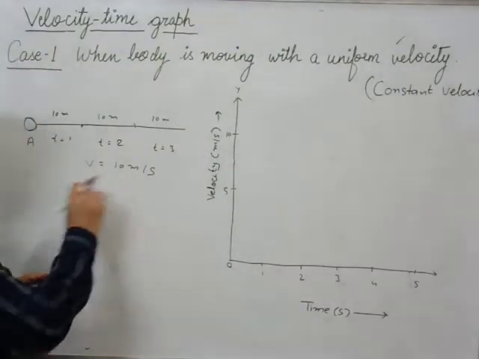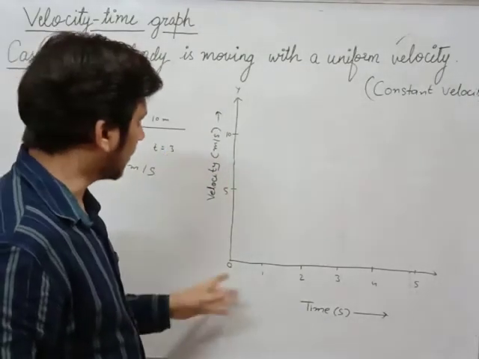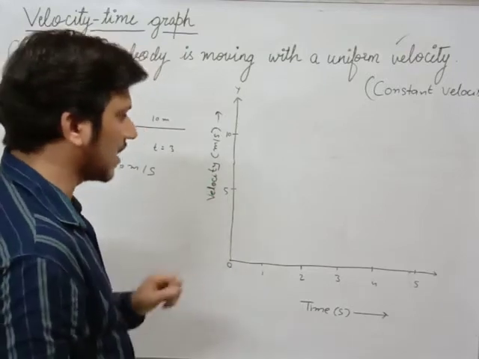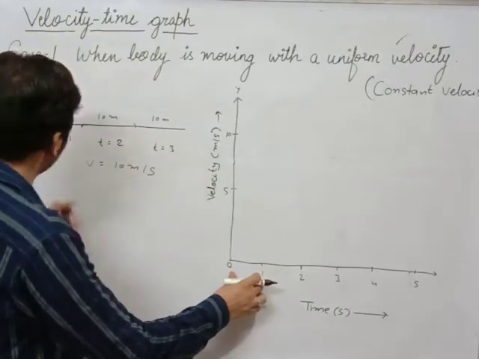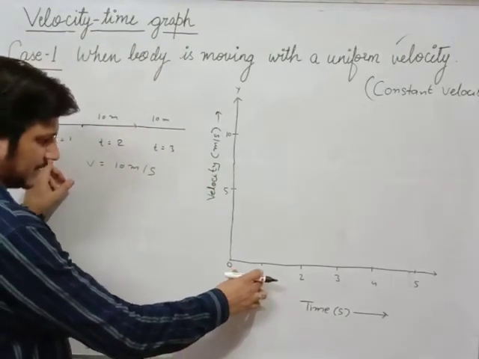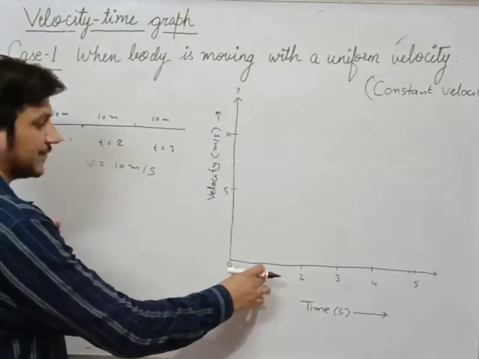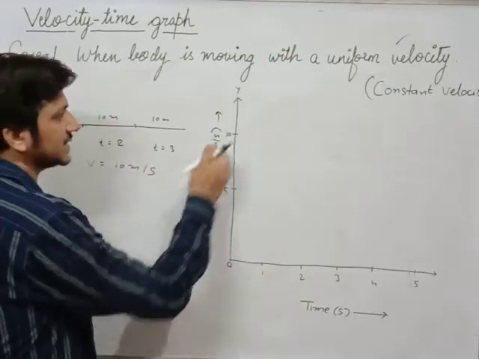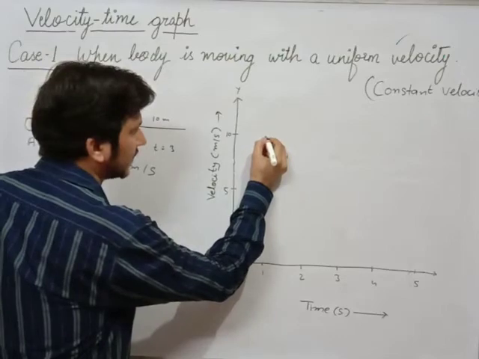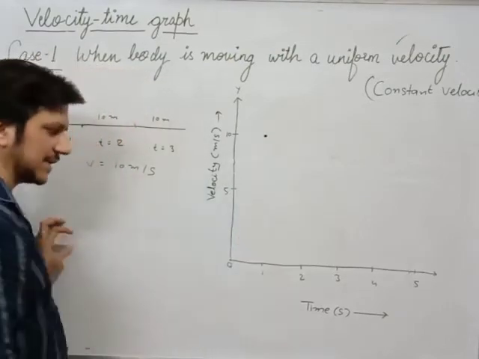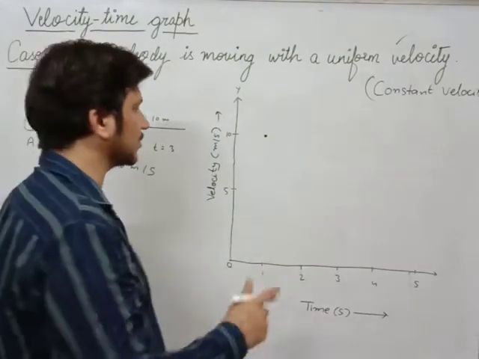Now according to this example we will plot the velocity-time graph. In the first second its velocity is 10 meters per second, and the second second also remains the same, 10 meters per second, and the third second again remains the same.